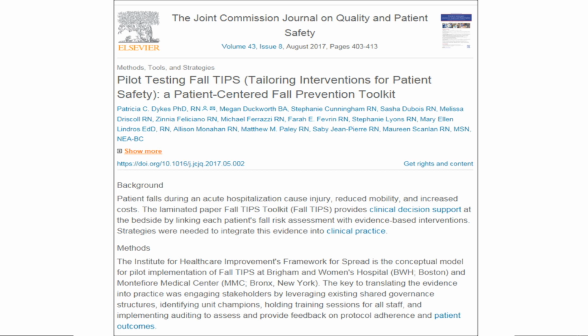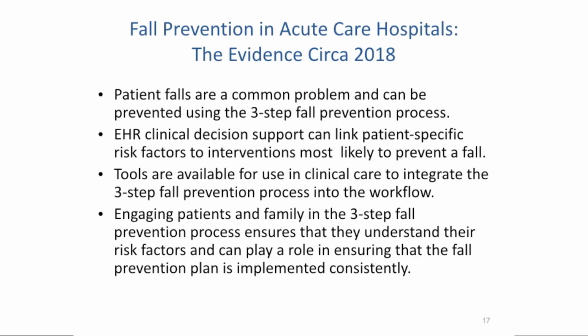So, 10 years after the first fall tip study, we have quite a bit more evidence available to us. One, we know that falls are a common problem, but they can be prevented using the 3-step fall prevention process, and that's doing the risk assessment with the patient, developing a tailored plan with the patient, and then making sure it's consistently implemented.